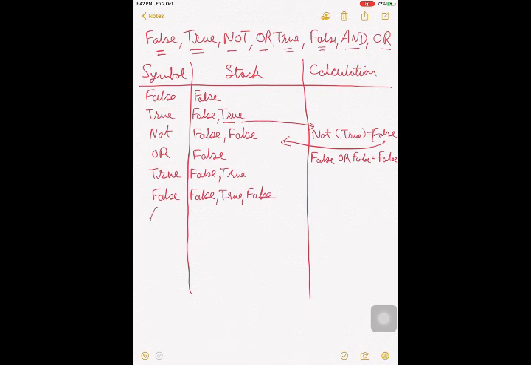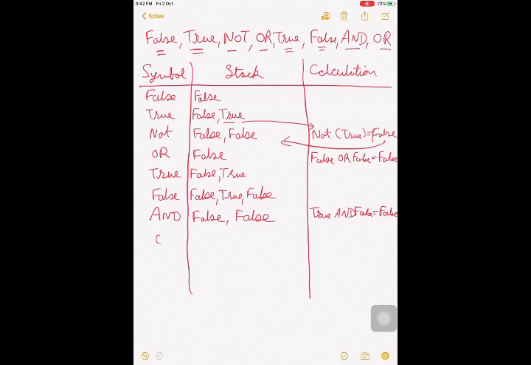Then we get AND. So AND will be applied between the true and false. So we'll write true and false equals false, because in AND, if any one of the operands is false, the answer is false. Or you can say that both the operands should be true to get the result as true. So we get false, false.